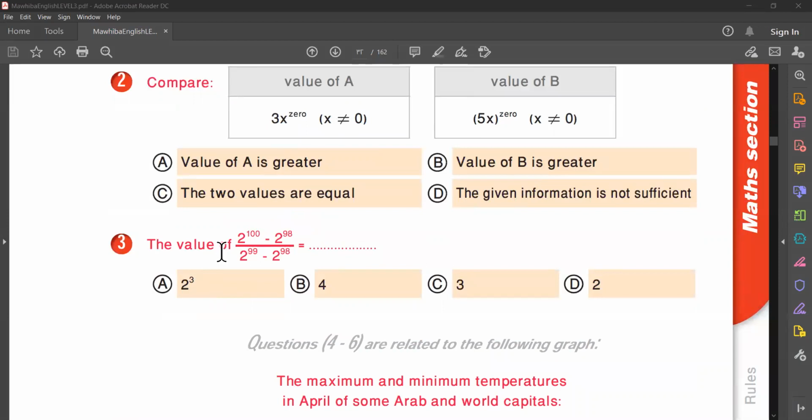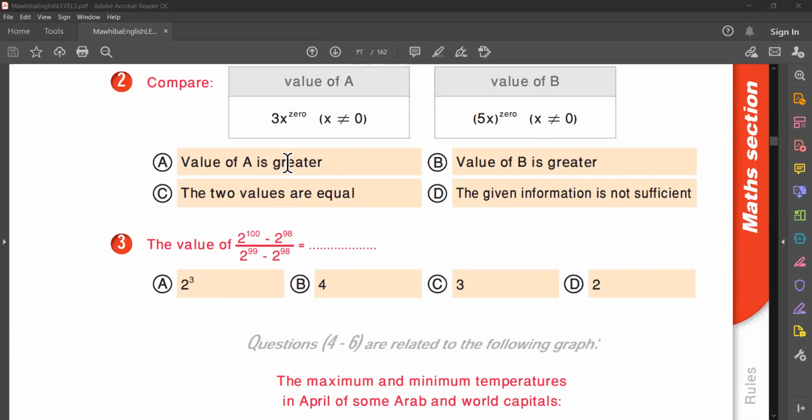Number 3, the value of 2 to the power 100 minus 2 to the power 98 over 2 to the power 99 minus 2 to the power 98. Here, how do I solve this problem? If you see it like this, you take a common factor.